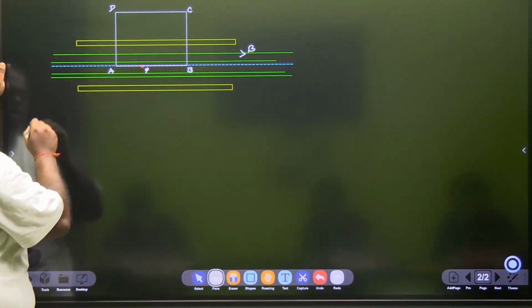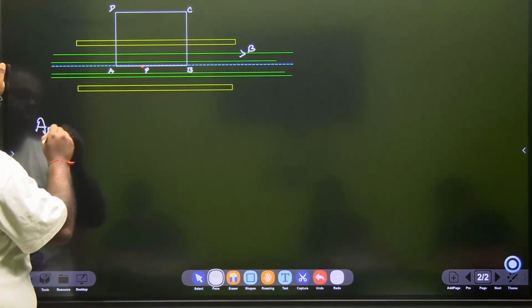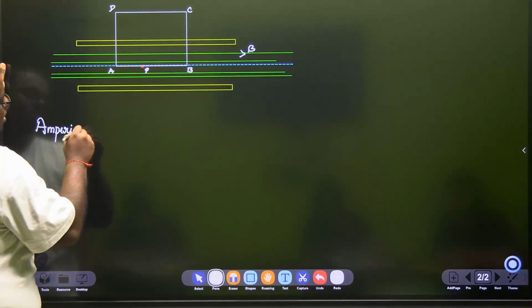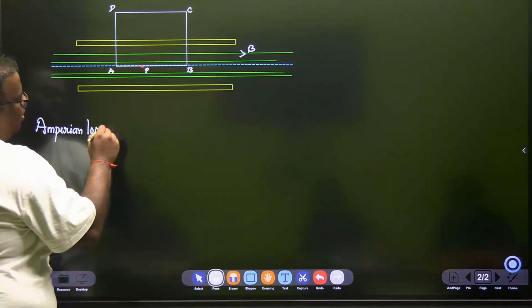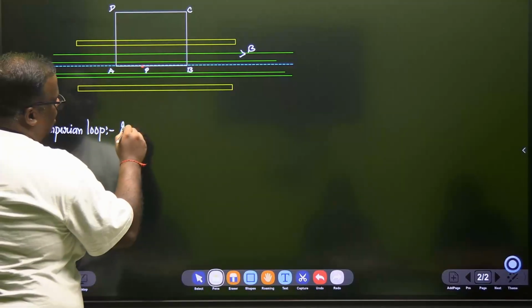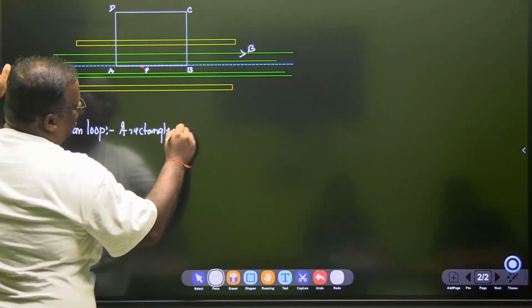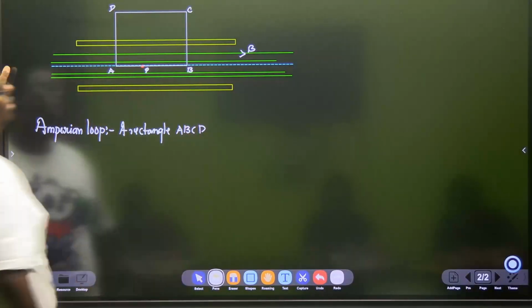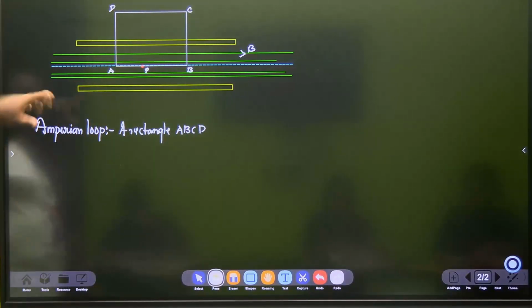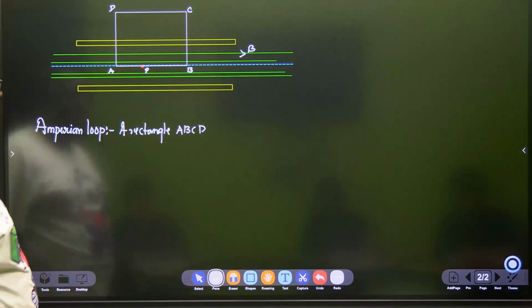So we have selected an Amperian loop. Our Amperian loop is a rectangle A, B, C, D. Half is inside the solenoid, half is outside the solenoid.